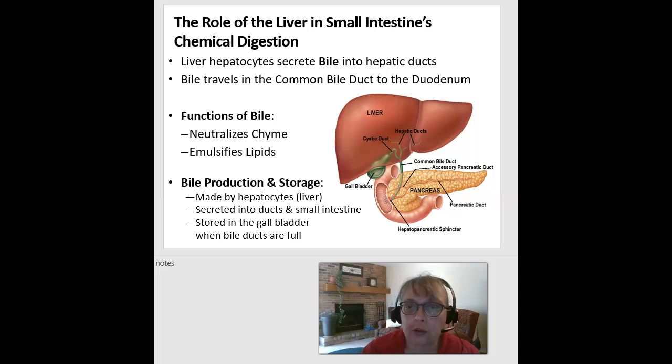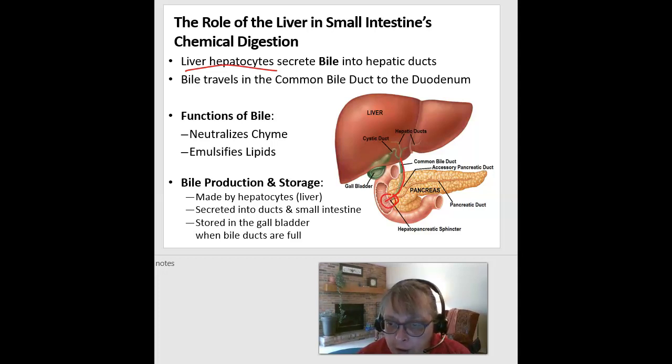The bile then travels from the hepatic duct to the common bile duct, which enters the small intestine at a little hole here, I guess we'll call it. There is a muscle that surrounds that entry point called the hepatopancreatic sphincter, and we'll talk about that in a second.